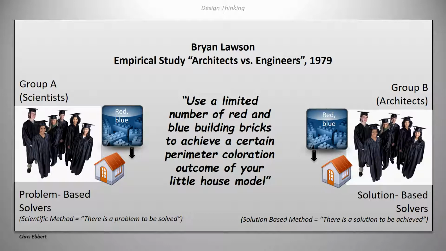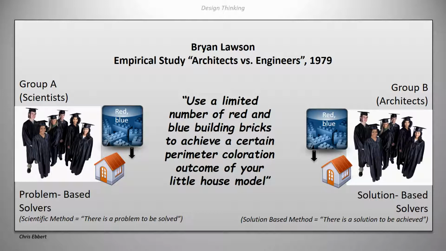He found out that the scientists were very much problem-based solvers, whereas the architects were very much solution-based solvers. When you're a scientist, you're basically saying there is a problem to be solved. And when you are a creative or an architect, you're saying actually there is a solution to be achieved. These are two very different approaches when you think about it.